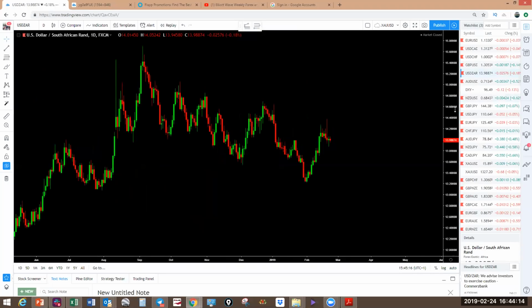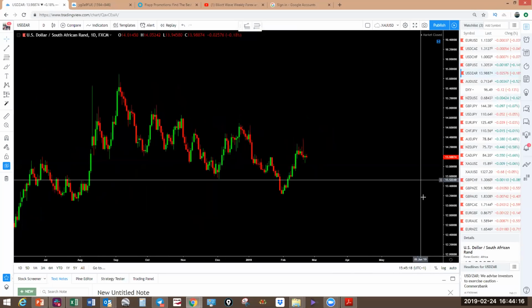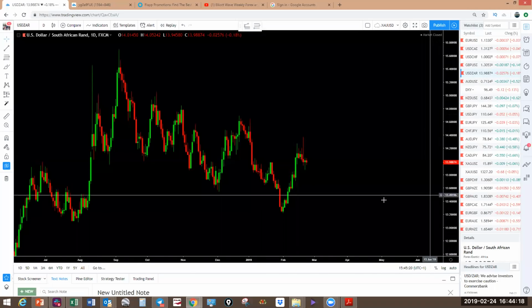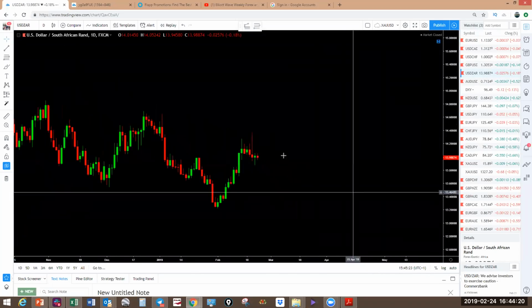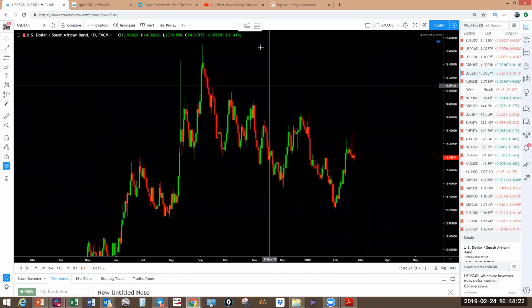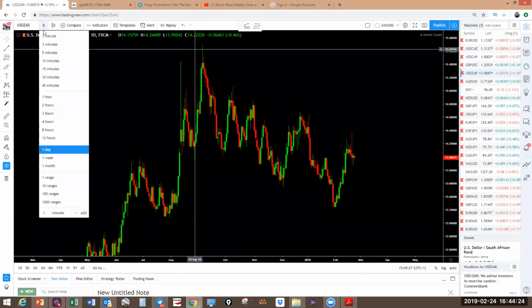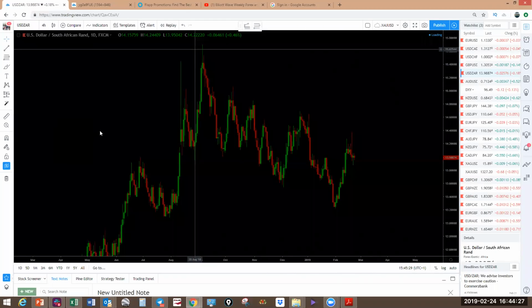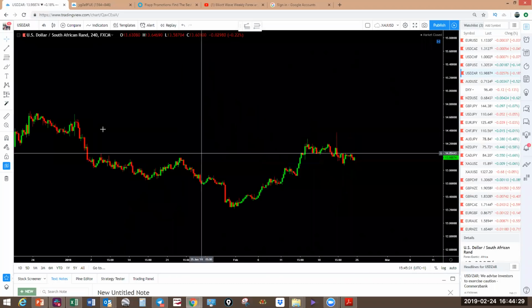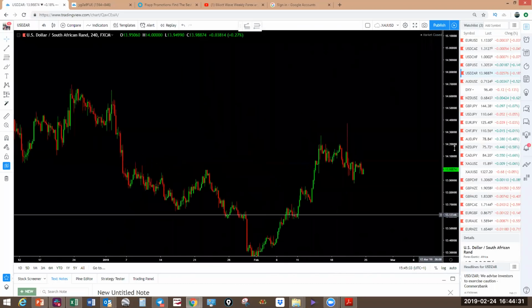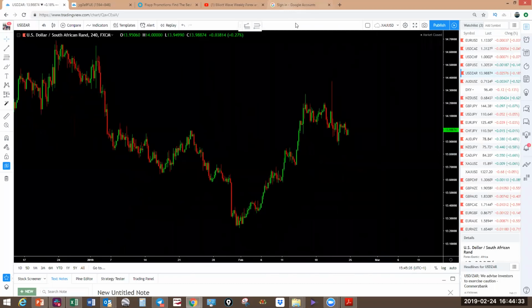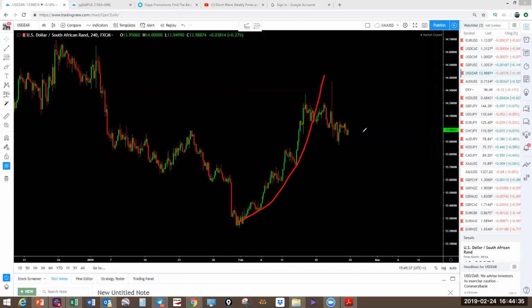So US dollar ZAR, we actually looked for a trade to the downside in the group, which does not look likely at this stage again. So let's have a look in the 4 hour, see what is going on here. So US dollar ZAR made this move to the upside. So this is the orthodox high. When you look at this, you need to see what the price is doing.